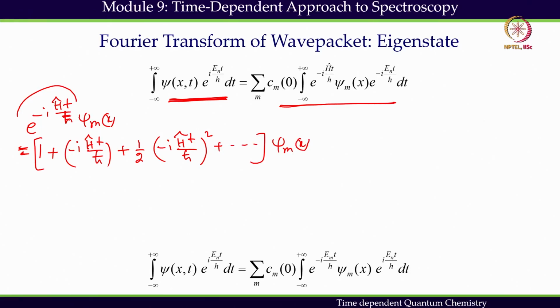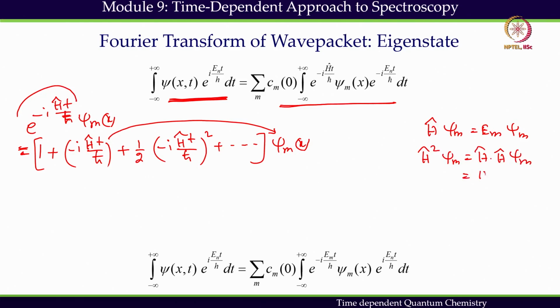And if we see that this operator is acting on this psi m, we know that h acting on psi m is going to be Em psi m. That's the time independent Schrodinger equation. Similarly, h square acting on psi m is nothing but operating it twice, which first gives me this.